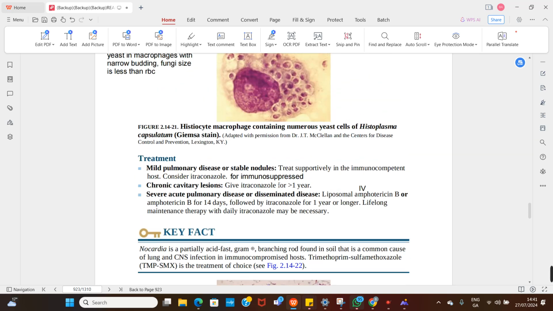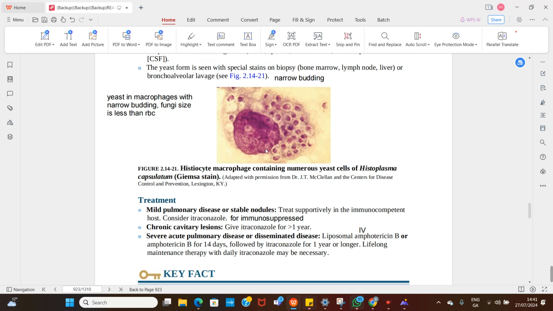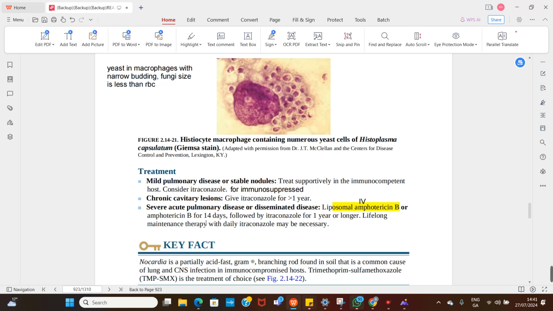Now, what you have to have at the back of your mind is that with all these chronic fungal infections, once you elicit a very severe acute infection or a disseminated infection, you give an induction dose of liposomal IV amphotericin B for 14 days.